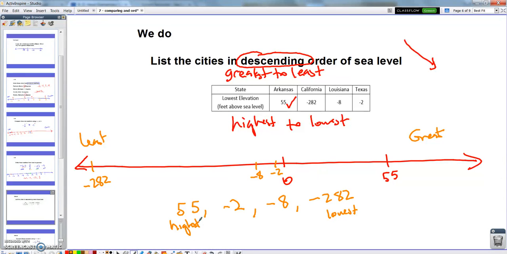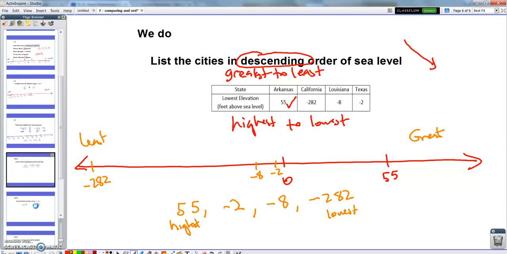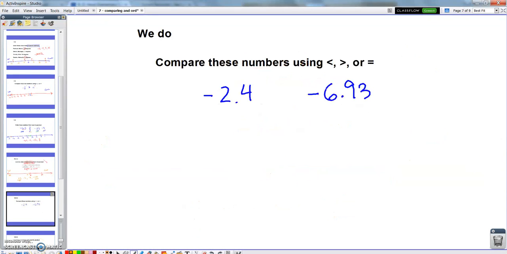All right. So again, in a situation, I have a really easy time telling greatest and least, highest and lowest. When I just get problems with two numbers in them, with no situation, it can be a little harder to tell. So I'm going to look at these, negative 2 and 4 tenths versus negative 6 and 93 hundredths. When they're just two numbers, I like to add a situation, and I like to think temperature.